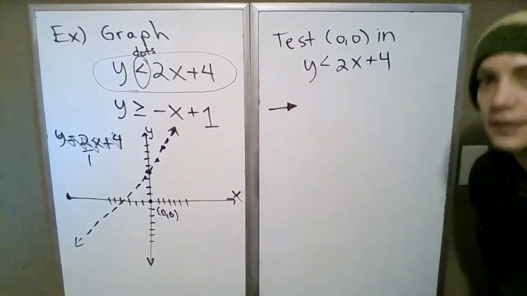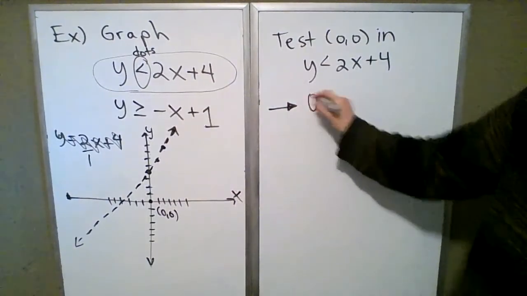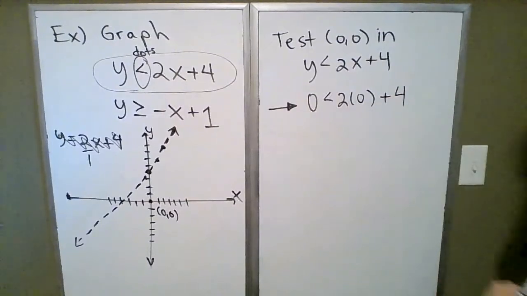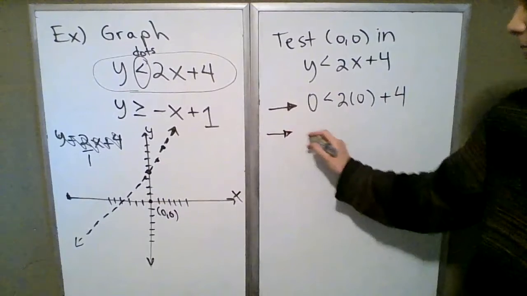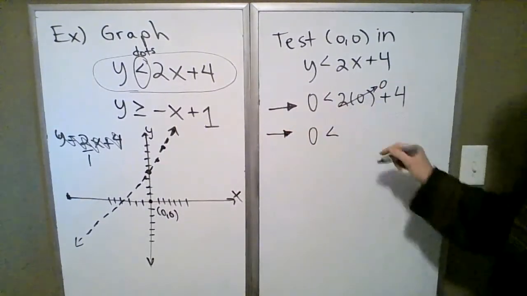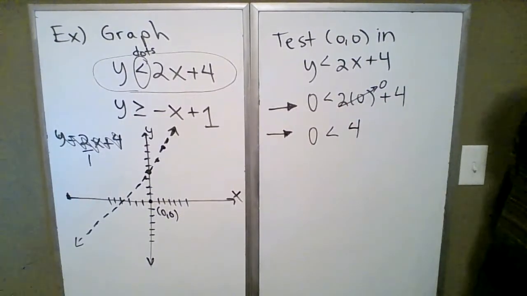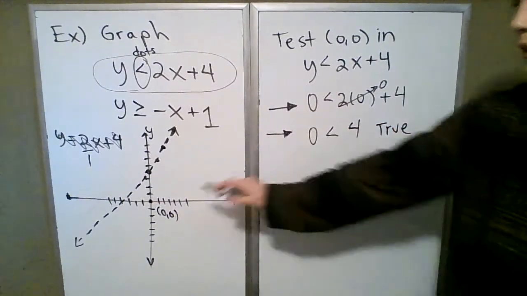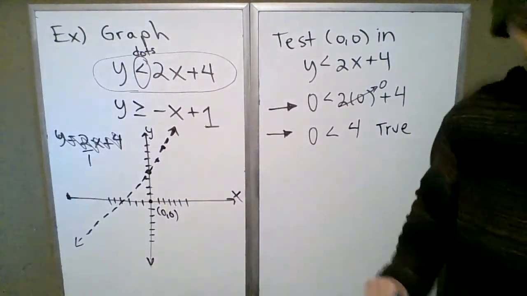Okay, we're looking at 0 less than 2 times 0 plus 4. Is 0 less than, that'd be 0 plus 4, which is 4. Yes, it is true. And I want to shade over the origin and on that side of the boundary line.